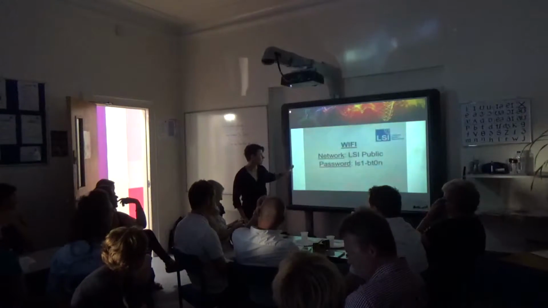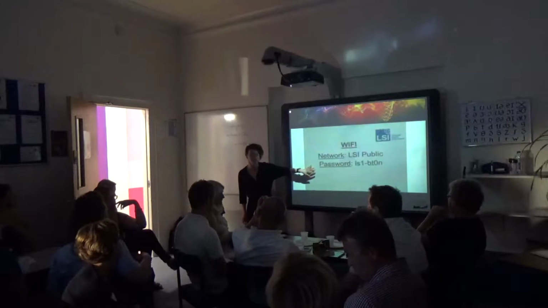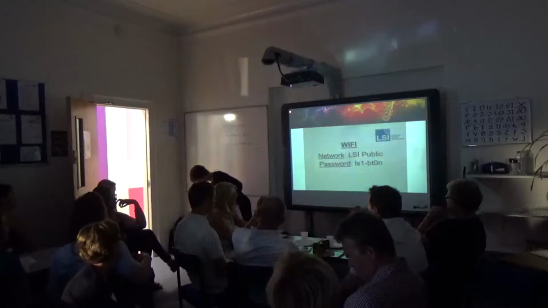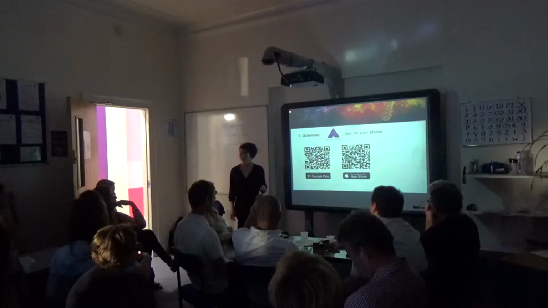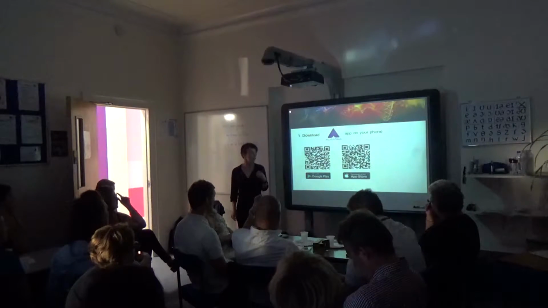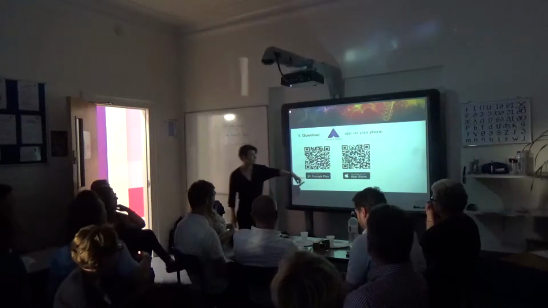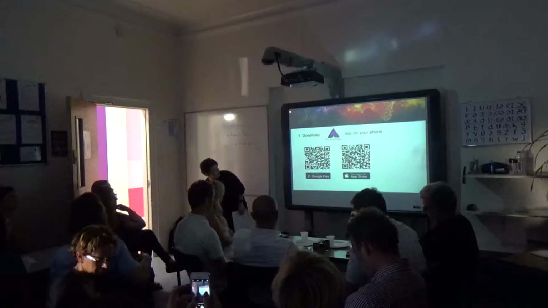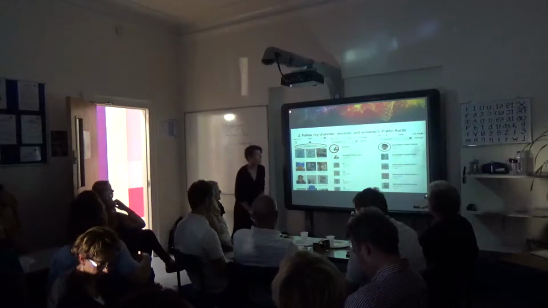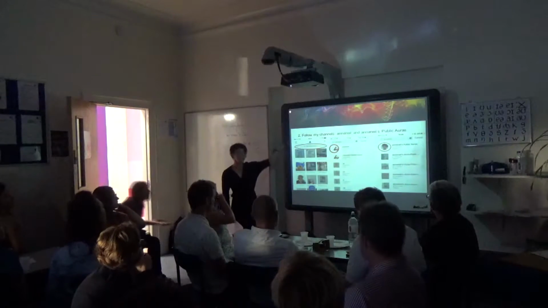This is the school's Wi-Fi network and password. Once you connect, if you haven't yet downloaded this application, I would like you to do it on your phone. It's an Aurasma app. You can find it on Google Play or the App Store. Then, after you do that, I'd like you to find my channels.